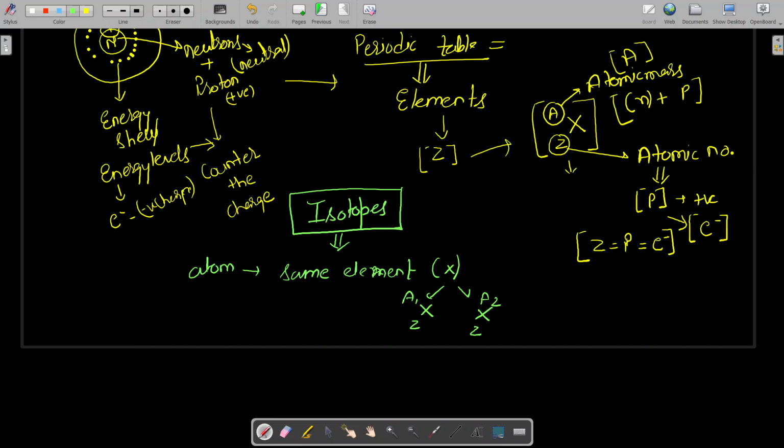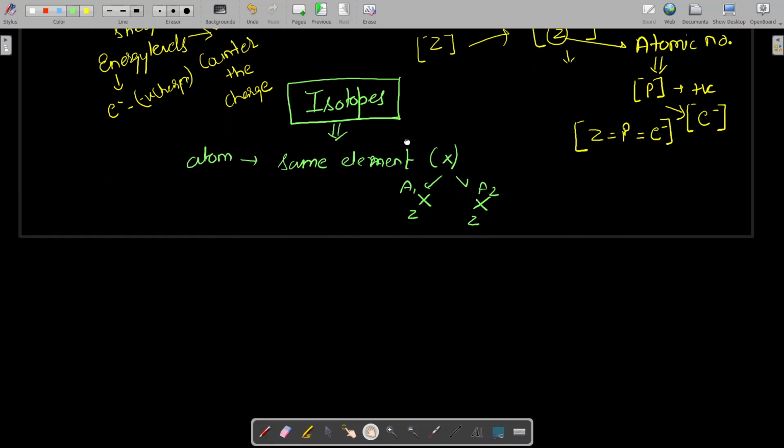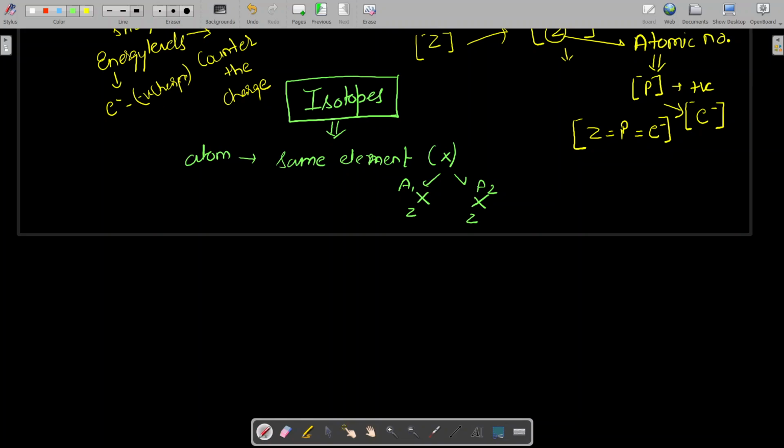After discussing the isotopes, I am just giving you one example because science is a very interesting field. If you are given examples, layman examples, imaginary things, practical examples, it is very easy for you to understand the sciences. So the isotopes example, for example, hydrogen. Hydrogen has one electron.